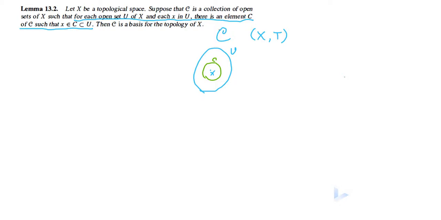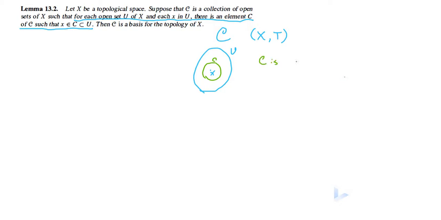So if we can always find such a c from the collection C for all the open sets U inside the topological space, and for all elements in the open set U, then we see that this collection C is a basis.